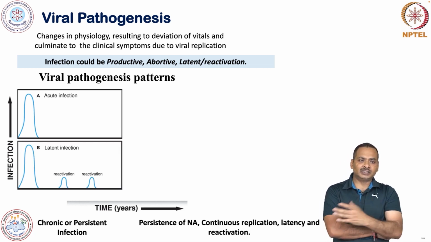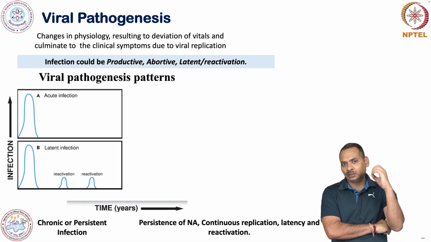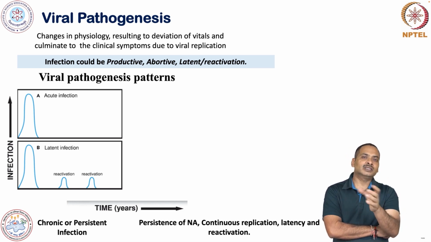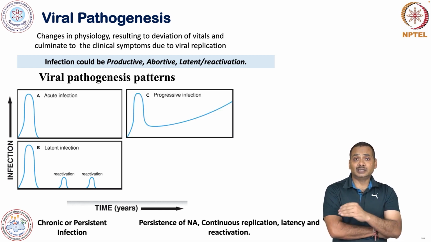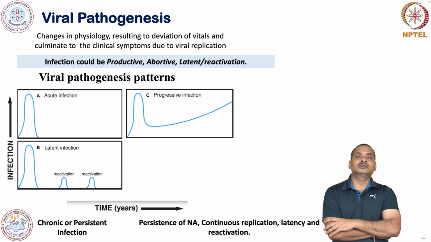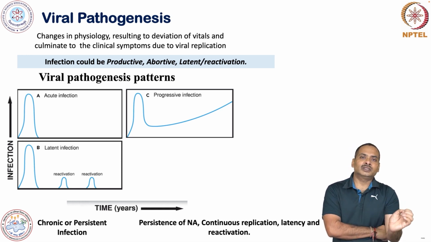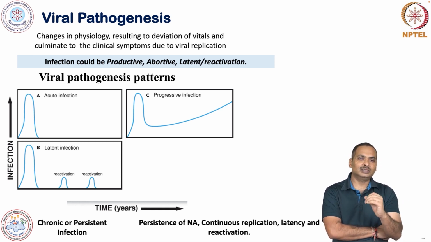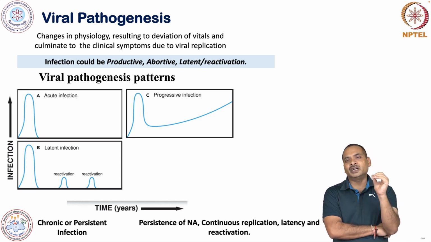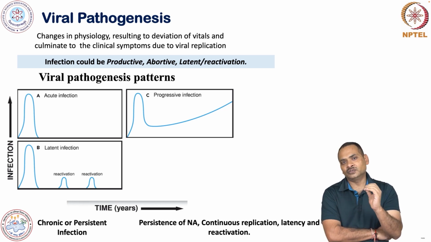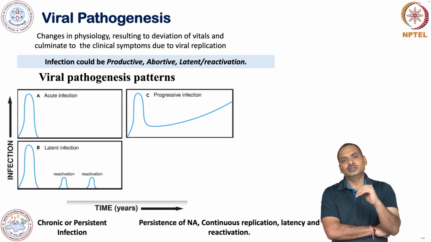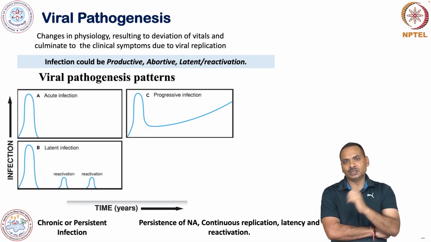Another is latent infection, which I have already explained. The genome will remain in the cell, and when there is the right situation, it will reactivate. Then there is a progressive infection. When the virus infects the host cell, initially there will be a very high intensity of change in vitals, and that results in severe damage to the host.